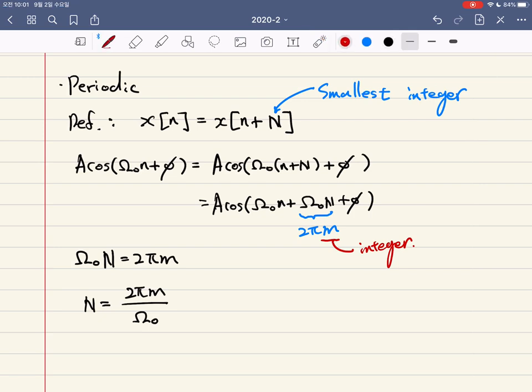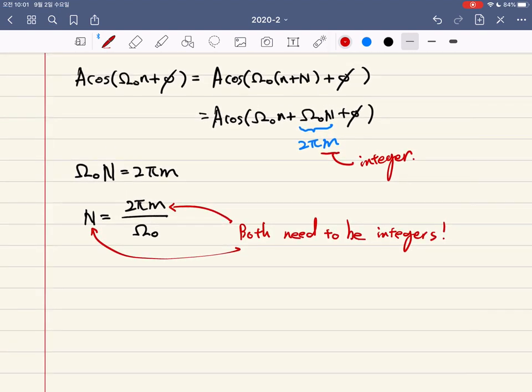So both large N and small m need to be integers. Let's find out with some examples whether this is true for every discrete time signal, or only some of them.